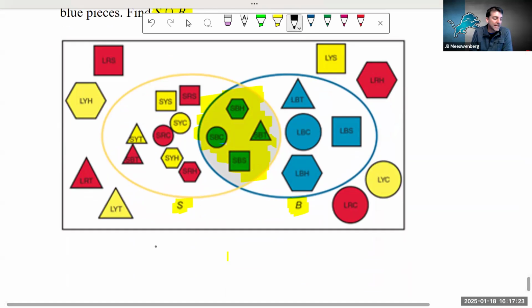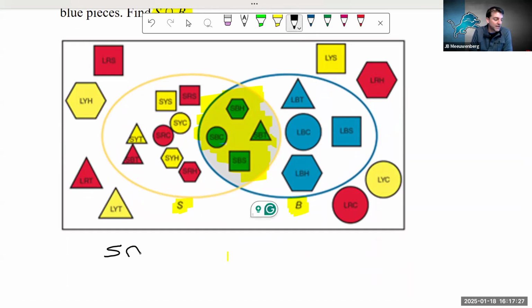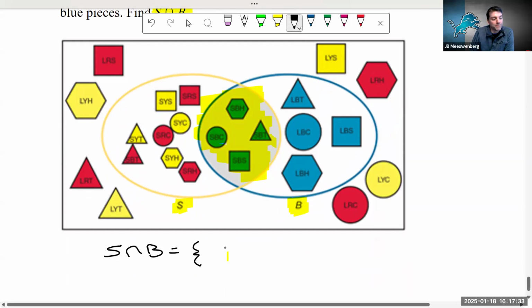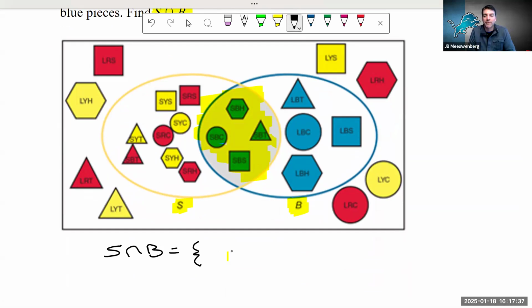So the way that we would write that is S intersect B is equal to, we would put our brace, and then we would list them. And again, we gave these names. They're listed right on the individual attributes. We would say SBS, right? Small blue square is one element.